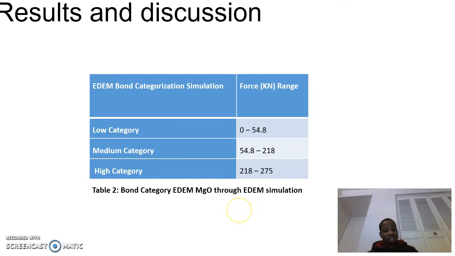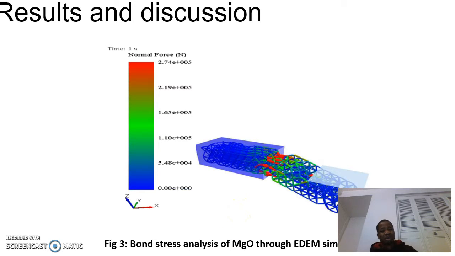So let me show you the results so that we can know what we are talking about. Like I said, in the first instance, I want to simulate the bond strength of the magnesium oxide, and model my simulation, putting force on it and seeing what the reaction is going to be. Define the bonding interaction between each of those particles.